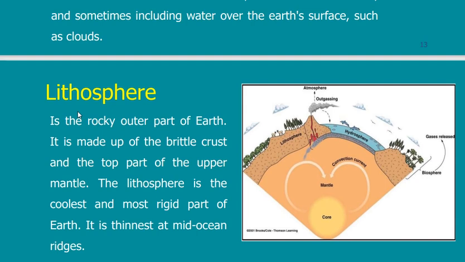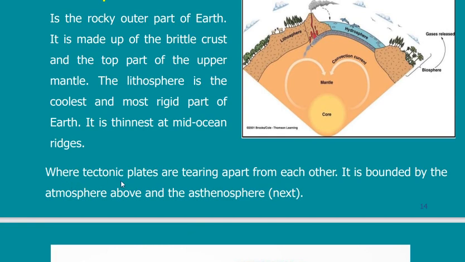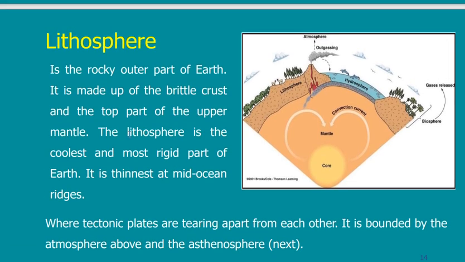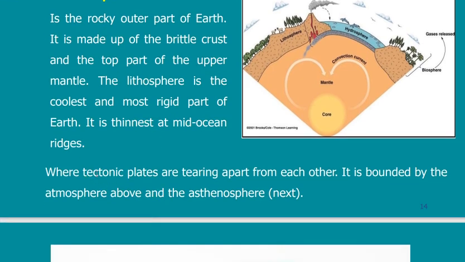It will be below the oceans. Where tectonic plates are tearing apart, he's just describing what the lithosphere is: the layer where tectonic plates, tectonic means it deals with something like earthquakes, the movement of the plates. Movement of the plates is tectonic. We will have a lecture for tectonics.